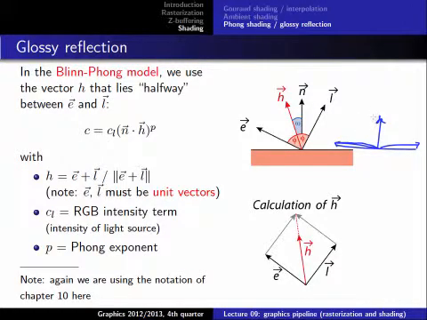But in any case, the H vector will always be positive, so it will never be negative. So we will never run into this problem with the negative values here.